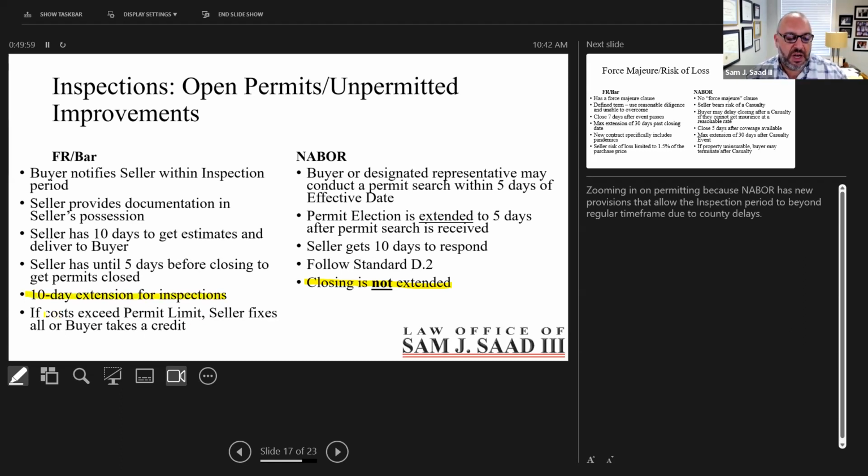And there is a provision that if the costs exceed the permit limit, the seller fixes all the permits or the buyer can get a credit. So you've got to be very careful with permits. They get in people's way all the time, but you can close with open permits.